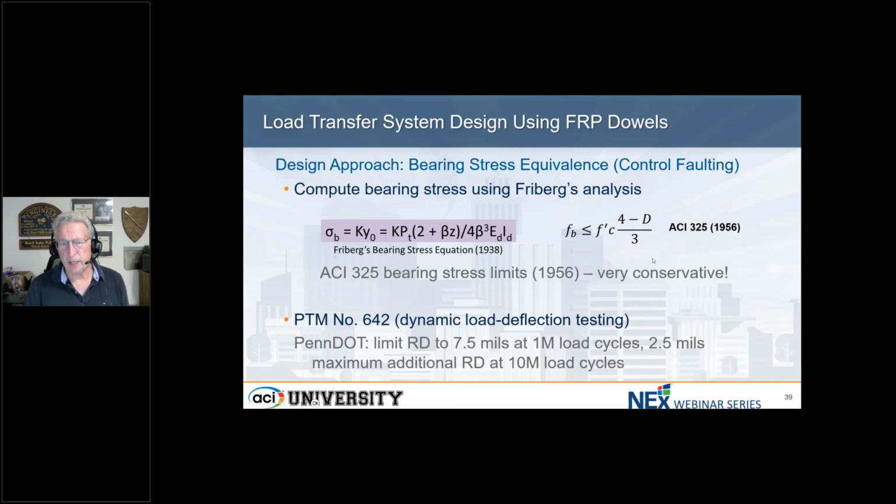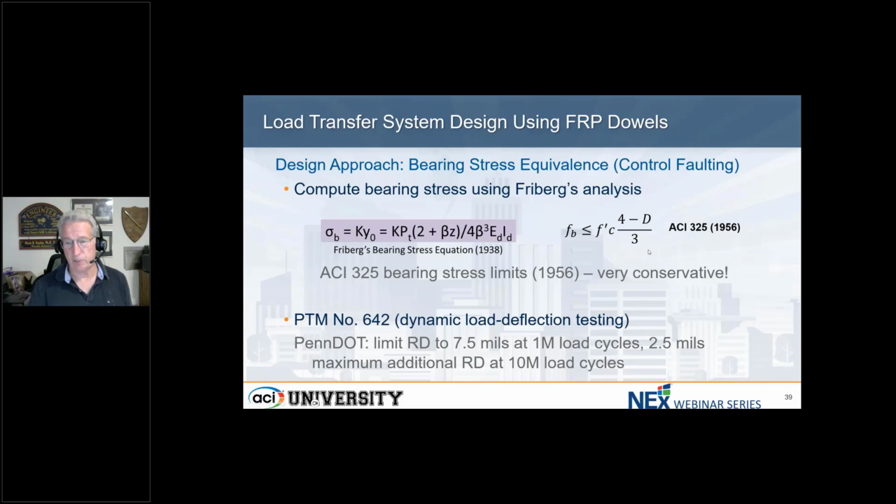This kind of disappeared. I think ACI withdrew this, and there really isn't any guidance on what the limiting bearing stress is now. But even without a limit, we can at least calculate what the value is. And if you have a higher bearing stress value, you know that you're probably more susceptible to long-term development of looseness on the bars. I would note that this original equation was very, very conservative.